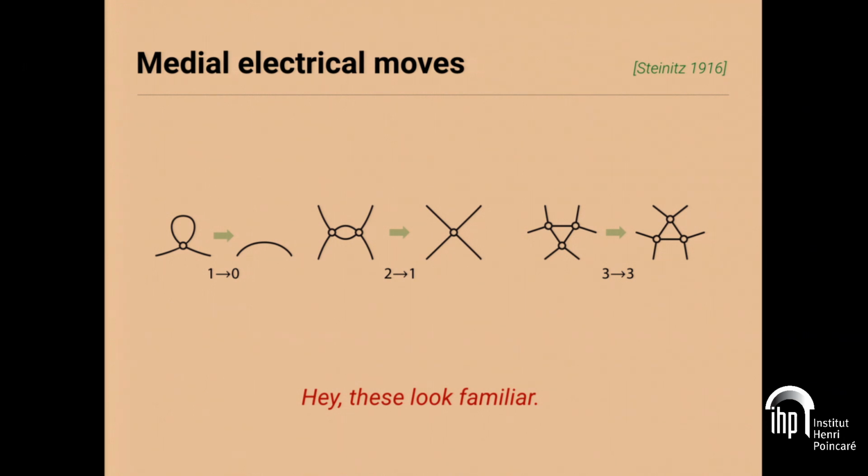We were actually able to connect, by close reading of other papers, the number of electrical transformations you need to reduce a planar graph to the number of homotopy moves that you need to simplify a planar curve by looking through this medial lens.